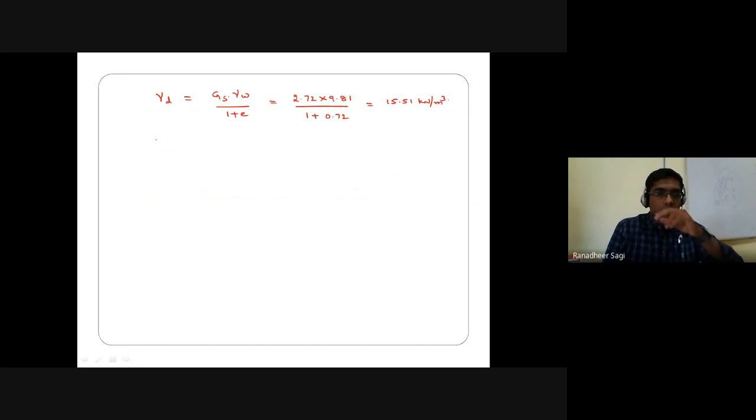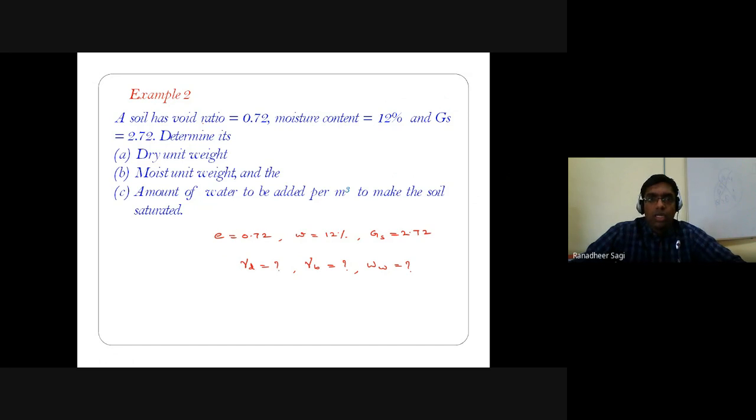Next, what we are asked to calculate is your wet unit weight, or otherwise your bulk unit weight, or the total unit weight. Bulk unit weight is what we can write in terms of your known data. Known data is the specific gravity of soil solids and the void ratio. We are also given, sorry, it's not the degree of saturation that is given, it is the water content which is given here.